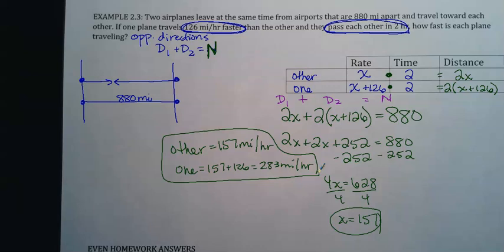And is that the question they asked? How fast is each plane traveling? Yes. So this time we didn't have to do all the extra problems. Woohoo! Okay, just those.